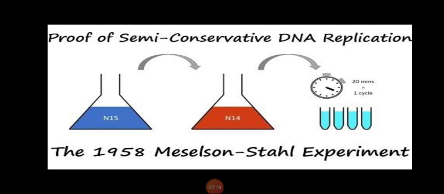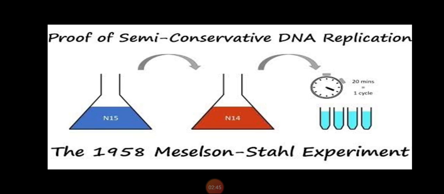In both, the replication was observed after every 20 minutes, because the reproductive cycle of the bacteria used here, E. coli, is 20 minutes. So after every 20 minutes it replicates, that is, it doubles.